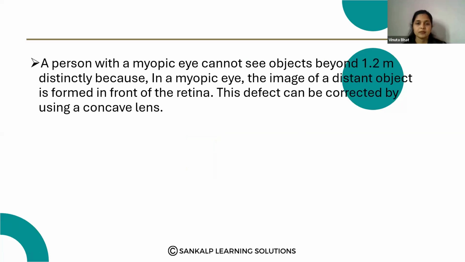Next question. Yes, so this is the answer. A person with myopic eye cannot see the objects beyond 1.2 meter distinctly because in a myopic eye, the image of a distant object is formed in front of the retina. This defect can be corrected by using the concave lens.